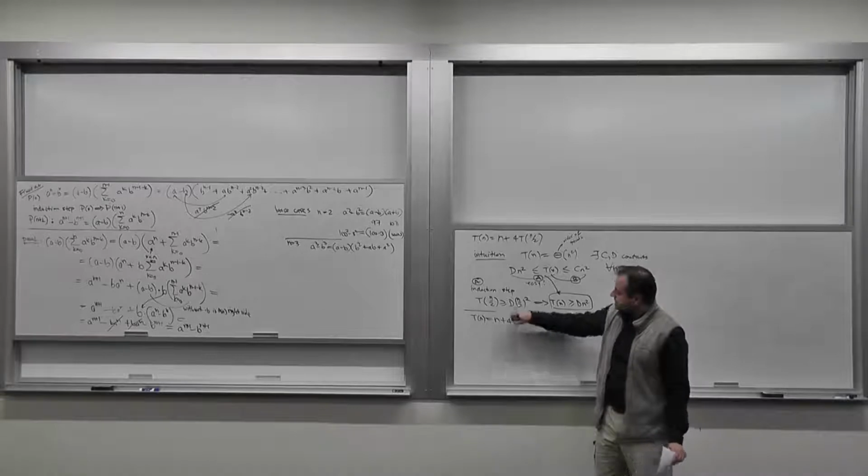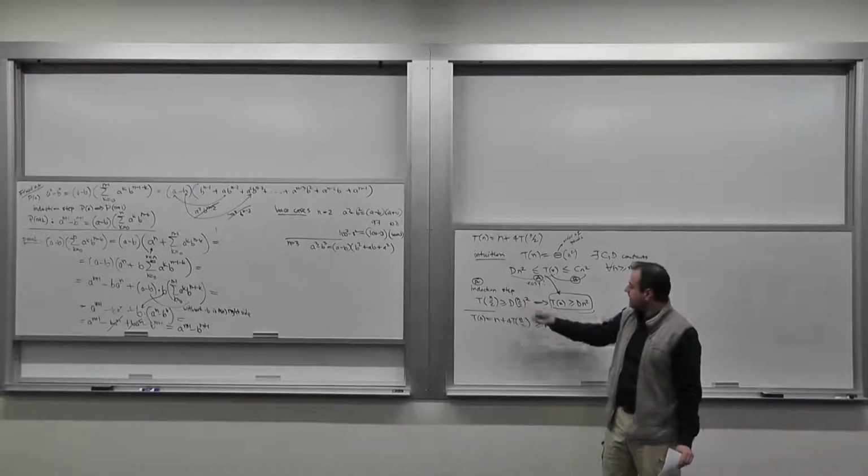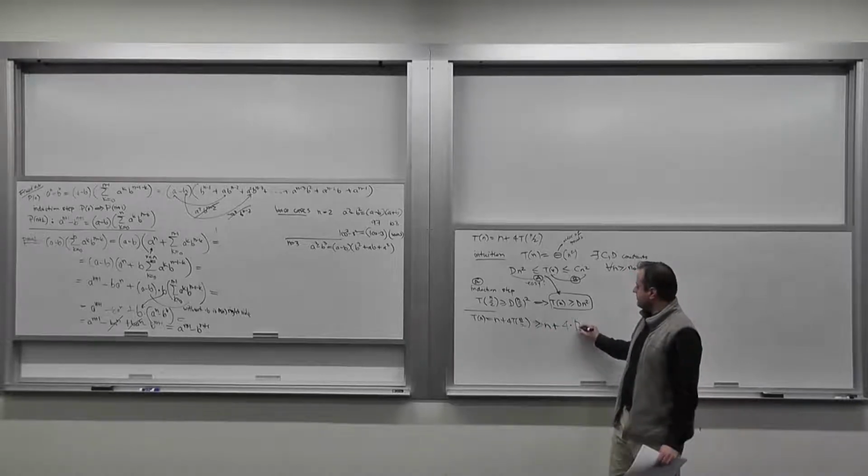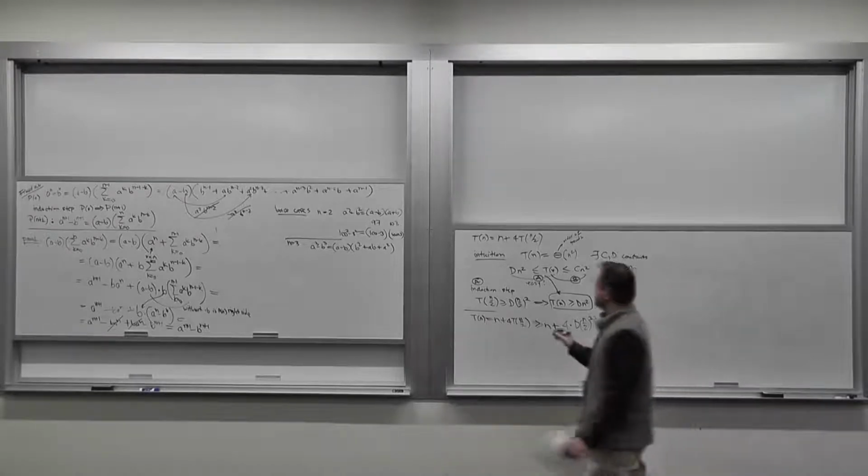T of n by 2 is bigger than d times n by 2 squared. 4 is a 4. And instead of T of n by 2, I'm going to put d times n by 2 squared. Right? That's coming from here.